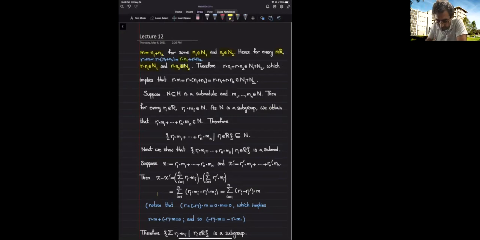So I am writing R times m as the summation of one element inside N1 and another element inside N2, which means that R times m is inside N1 plus N2. Okay, so good. This shows that N1 plus N2 and N1 intersected with N2 are both submodules.